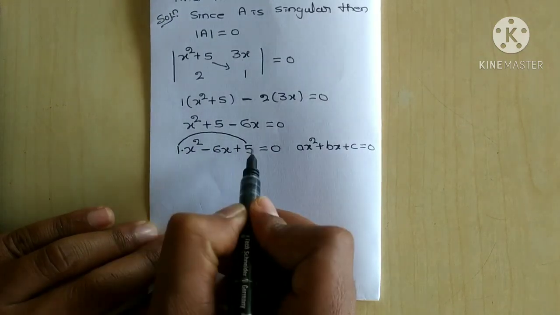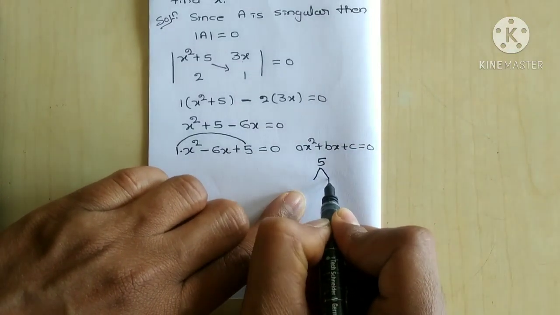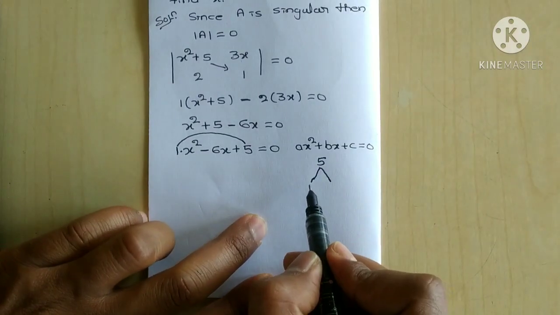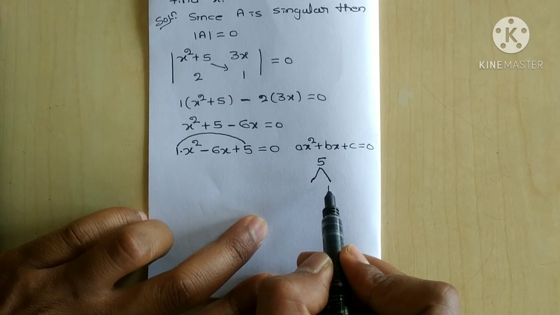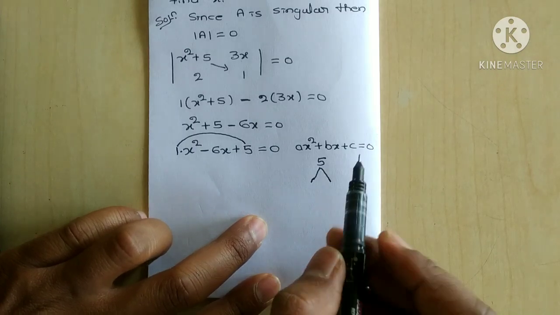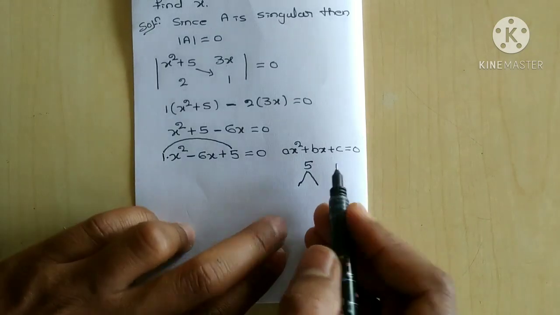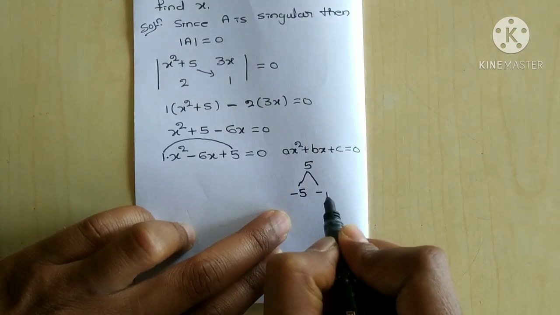So 1 into 5 is 5. Next, you have to split this 5 in such a way that if you multiply these two, you should get 5, and if you add them, you get minus 6. Therefore the values are minus 5 and minus 1.